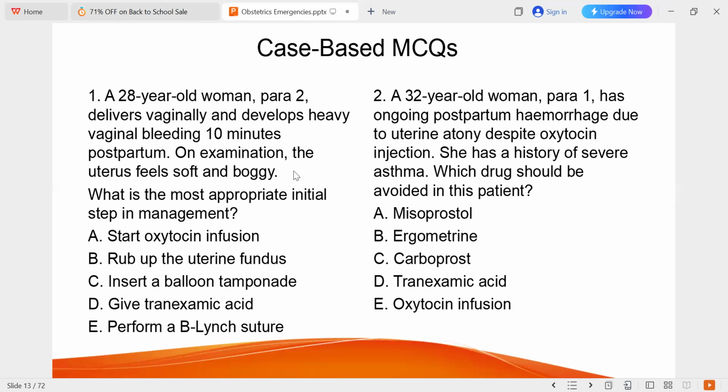A 28-year-old woman, para 2, delivers vaginally and develops heavy vaginal bleeding 10 minutes postpartum. On examination, the uterus feels soft and bulky. Question one: what is the most appropriate initial step in managing this case?